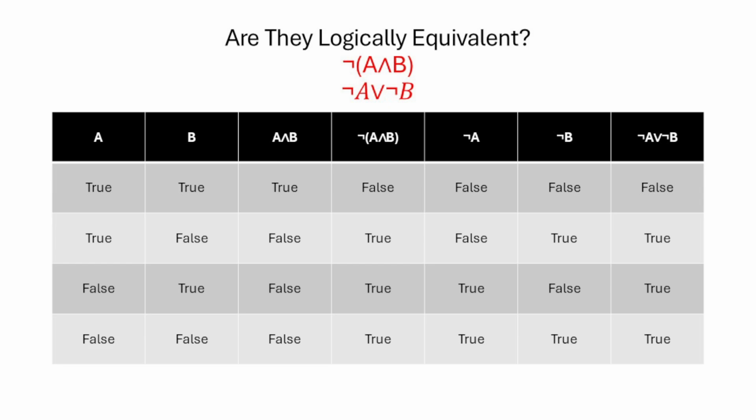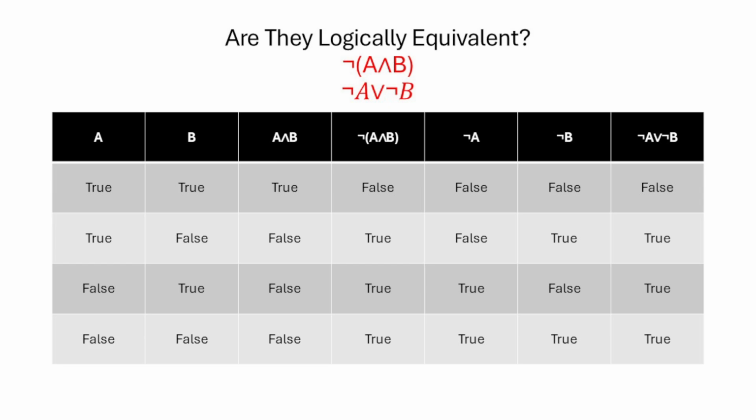As you can see, we have a column for A, a column for B, a column for A and B, a column for the negation of A and B, then a column for not A, a column for not B, and a column for not A or not B. Are these statements logically equivalent?